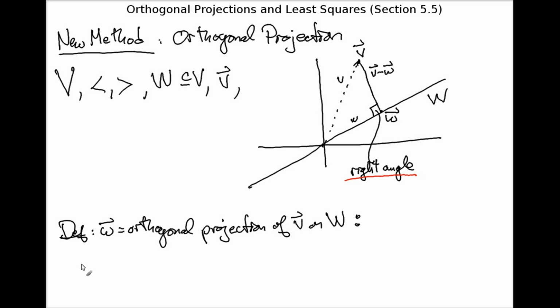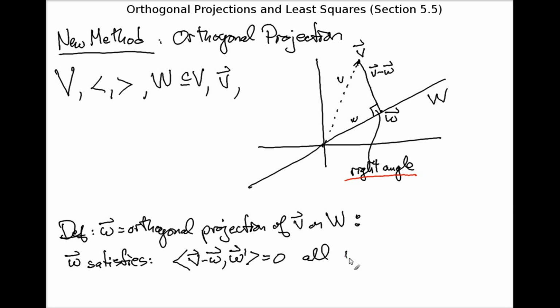So it's the vector W which satisfies V minus W dot W prime is equal to 0 for all vectors W prime in W. So you have to test that it's in fact orthogonal to all of the vectors in W prime.